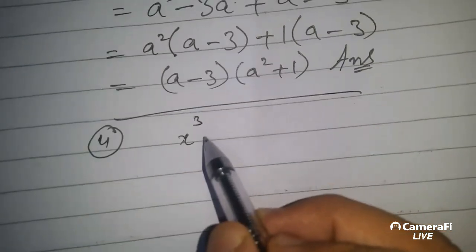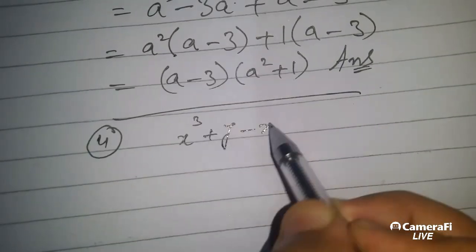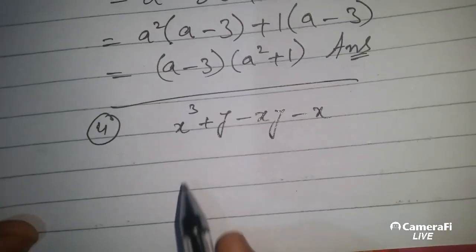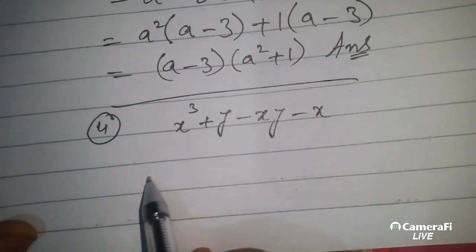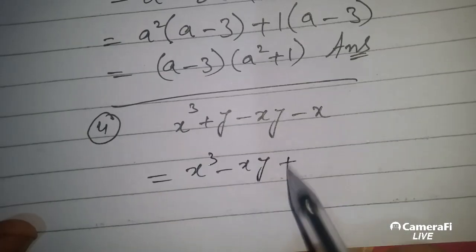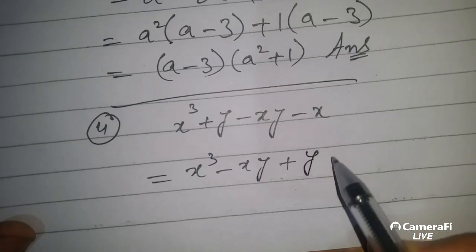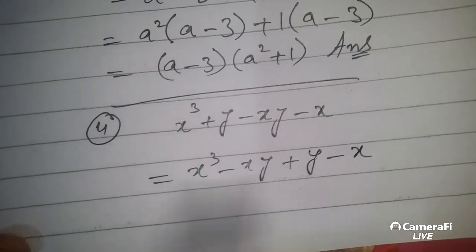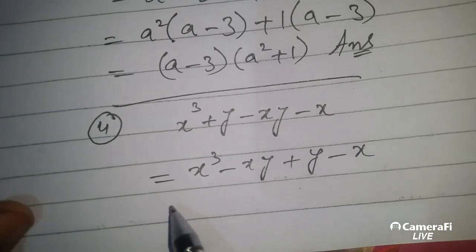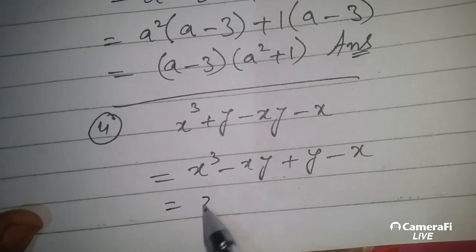x cube plus y minus xy minus x. Here taking again the first term and third term, and then the second term and fourth term, and rearranging as well.